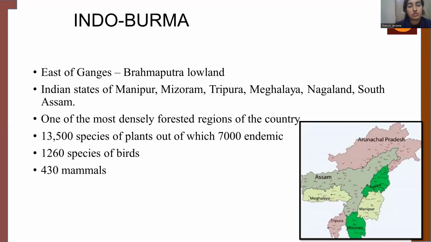There are 1,060 species of birds and 430 mammals, among which a large population is endemic. So here also it shows how threatened that biodiversity region is. That is why it is in the hotspot category.